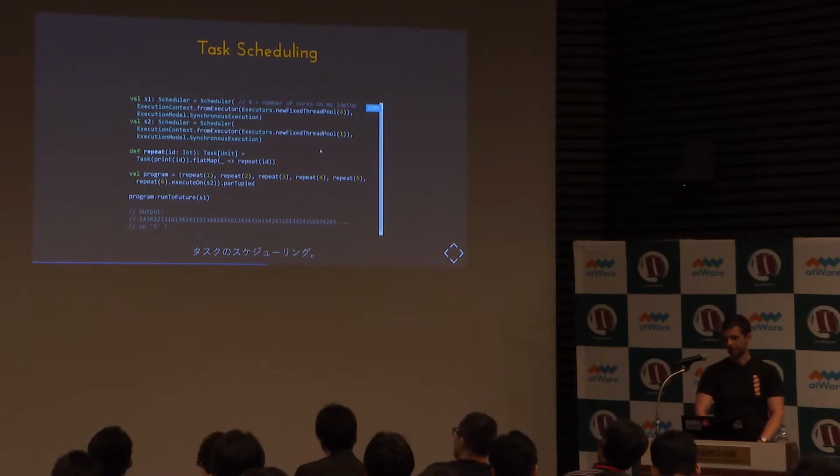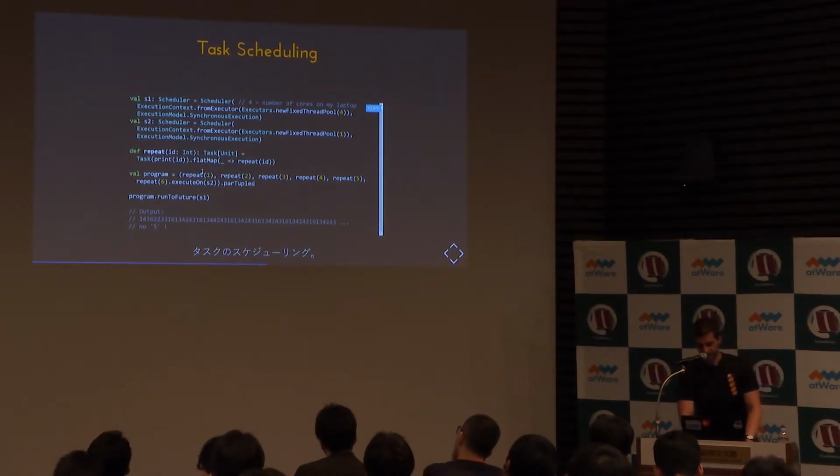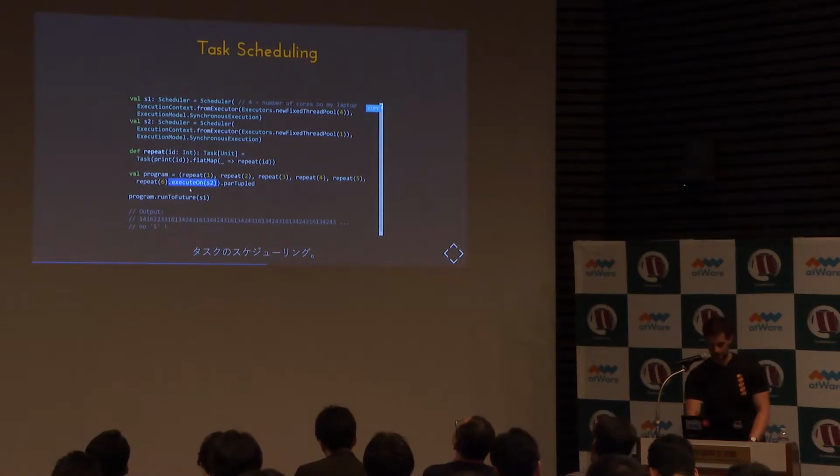So we have 5 threads in total, and we could execute 4 in parallel. Again, this is an infinite task that doesn't do any asynchronous boundaries. And then I run 6 of those tasks in parallel, 5 of them on the 4-threaded thread pool, and the 6th is running on the second scheduler. For instance, we can use executeOn to do this.